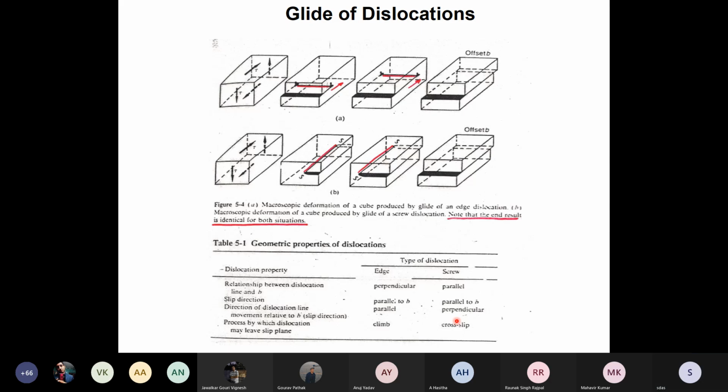Four. Where are the four different ones? Can a dislocation move during slip from one 1-1-1 type plane to another intersecting 1-1-1 plane? Anybody?